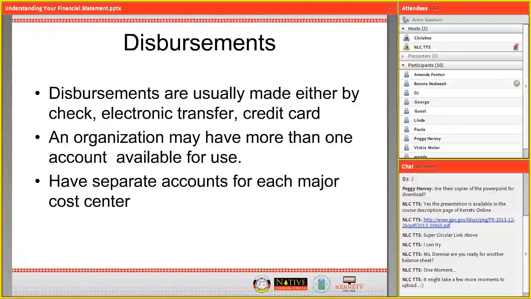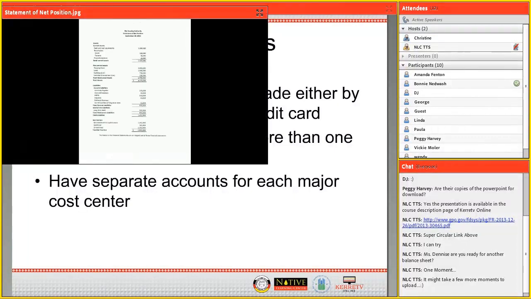Everybody does it a little bit differently, and that's okay, because everybody has a slightly different way of getting information and getting their cash. So make sure you have a good understanding. Ask questions of your finance people. Ask questions of your auditors. Ask questions of anybody who might know.